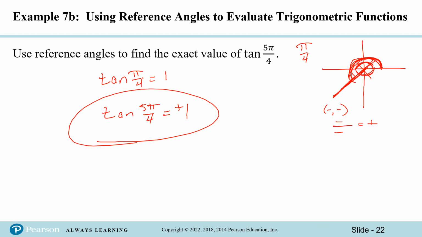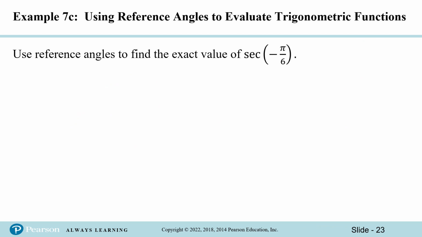All right, what else we got? Secant of negative pi over 6. Well, negative pi over 6 is going this direction. Here's my negative pi over 6. So it is in quadrant 4.